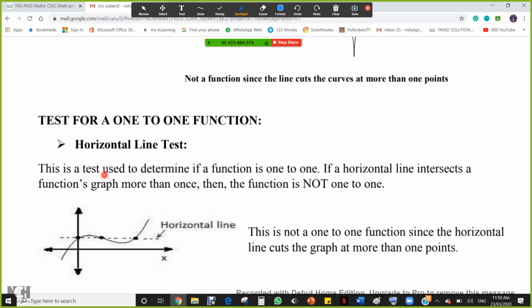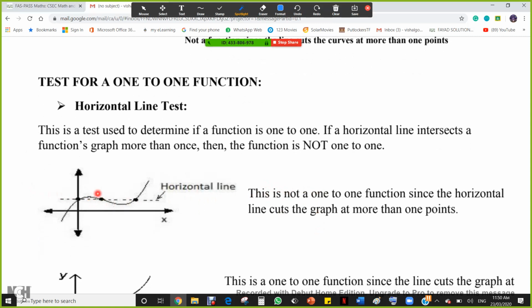It is a test used to determine if a function is one-to-one. If a horizontal line intersects a function's graph, intersects meaning cuts or touches, more than once, then the function is not one-to-one.